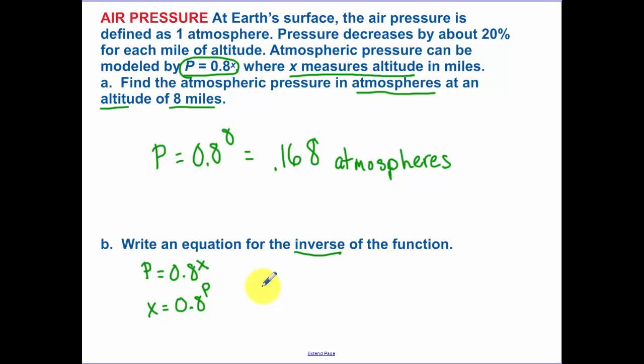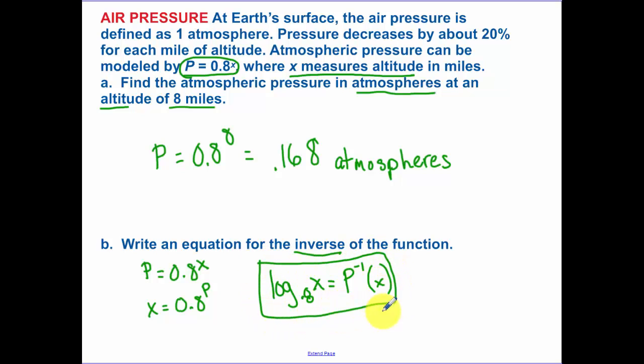That's your logarithm. Okay, so I have log base 0.8 of x is equal to p. But let's make a little notation that that's our inverse. Okay, so this is our inverse. Again, realizing that logs and exponentials are inverses of each other. They undo each other.